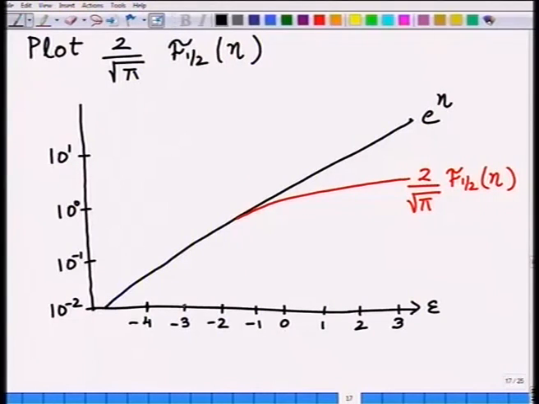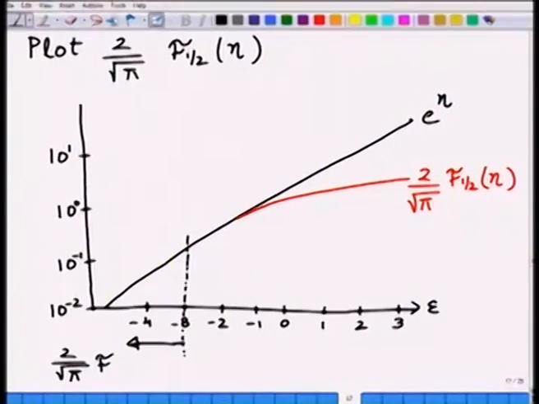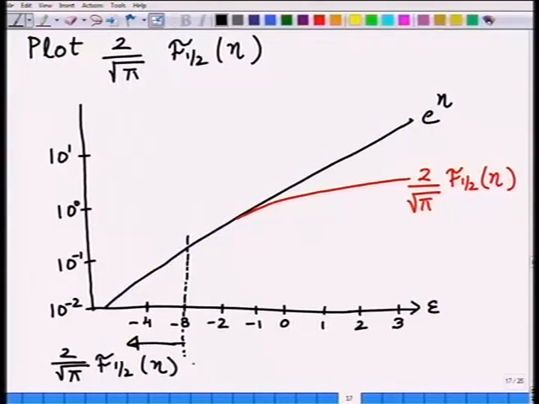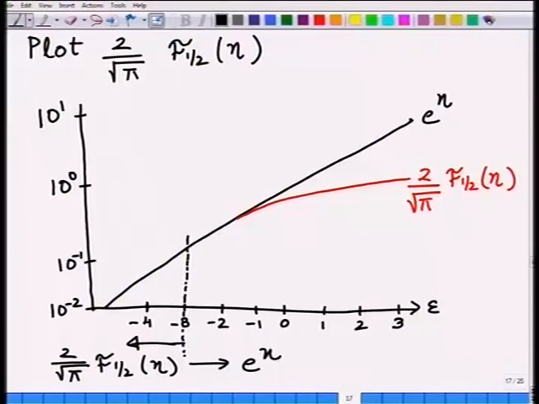Let us be more conservative, up to here, for all the eta values in this direction, we can see that in this range 2 by root pi times the Fermi-Dirac integral is approximately equal to e to power eta. So, for all values of eta less than -3, we are going to assume that this function approximates to e to power eta, and therefore, we will be able to solve our problem within those limits.